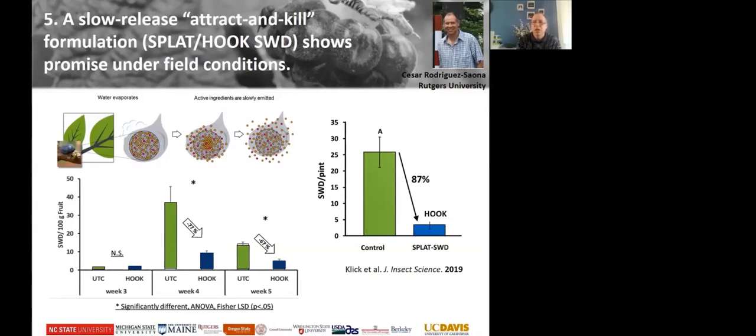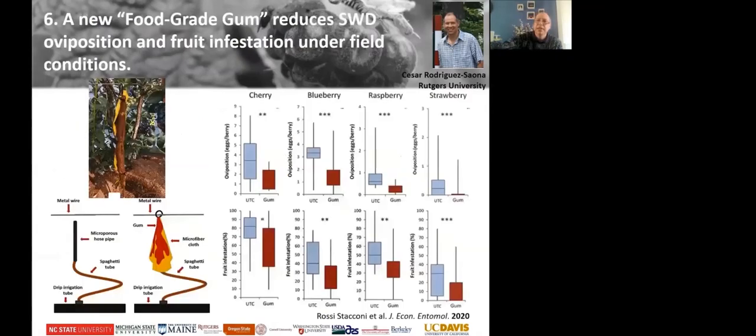This formulation shows promise in reducing SWD infestation. In addition, we are testing a food-grade gum matrix that reduces SWD oviposition in fruits by competing with fruit for oviposition sites. These two formulations, the SPLAT and the food-grade gum, are going through the process of registration.